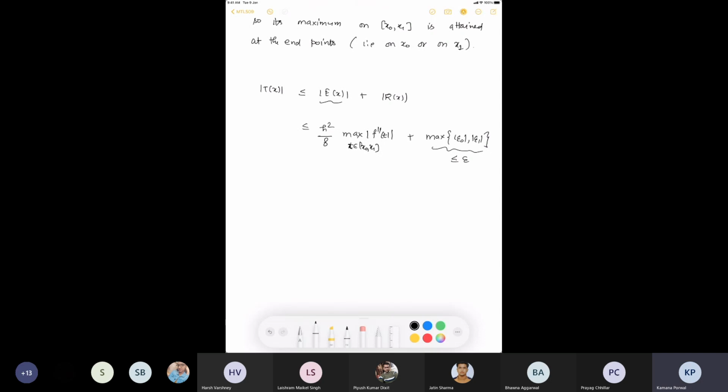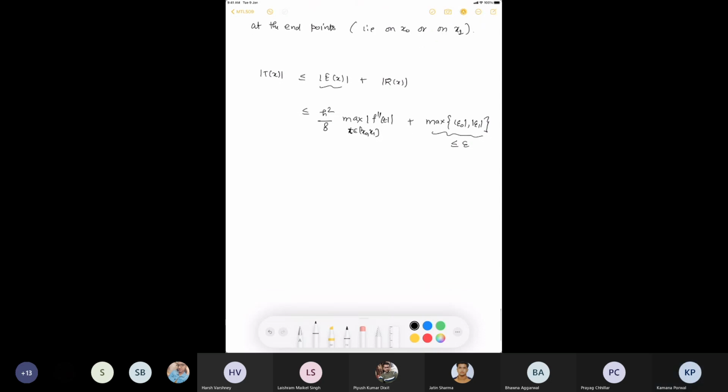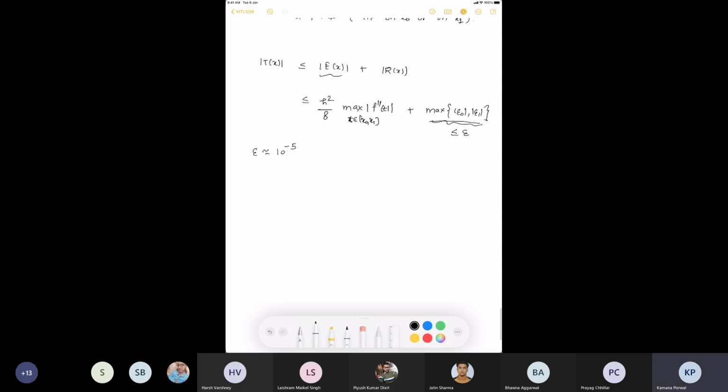Okay, so what it says is that suppose your round-off error is going to be some fixed quantity. Suppose my epsilon is of order 10 to the power minus 5, and suppose h is of order 10 to the power minus 2.